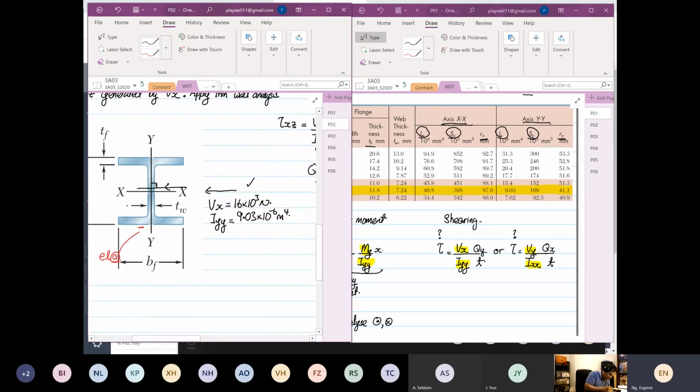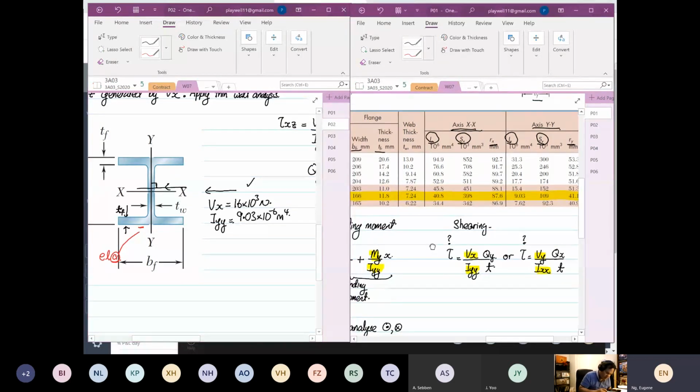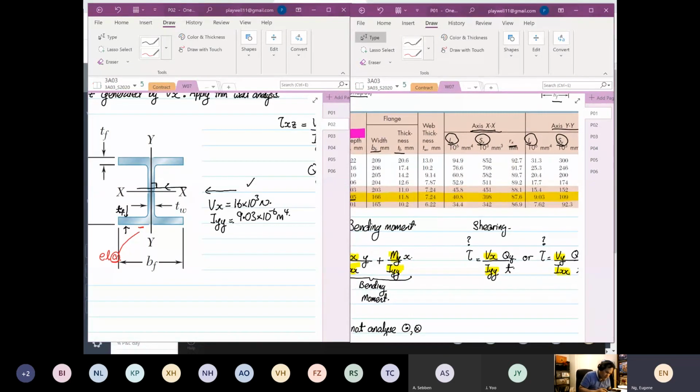This is the thickness that we're interested in, which is the thickness of the flange, equal to 11.8 times 10 to the power minus 3 meters.